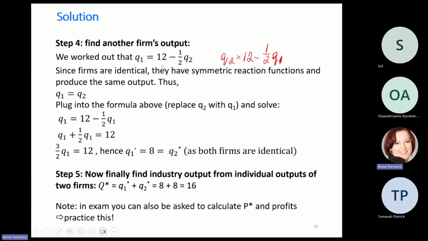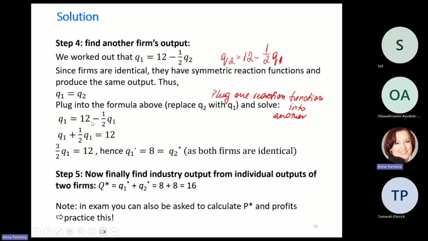Next, in order to find output, the next step is to plug one reaction function into another. Right?